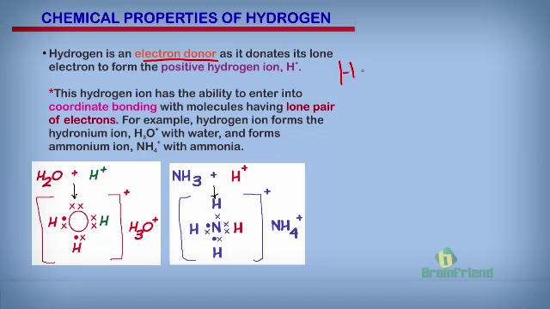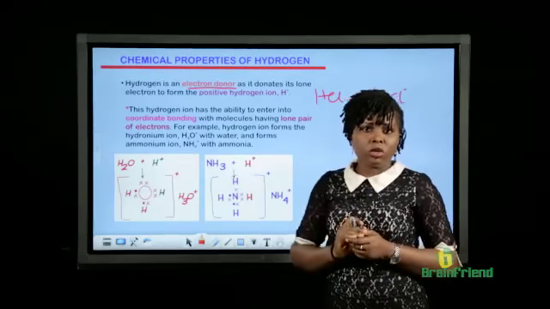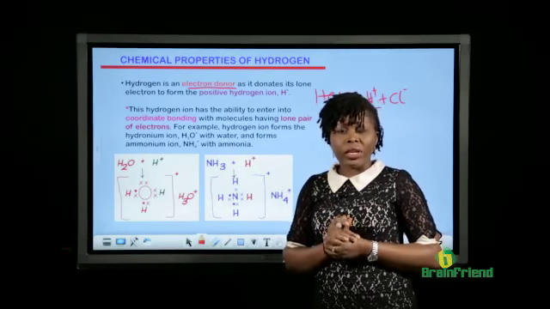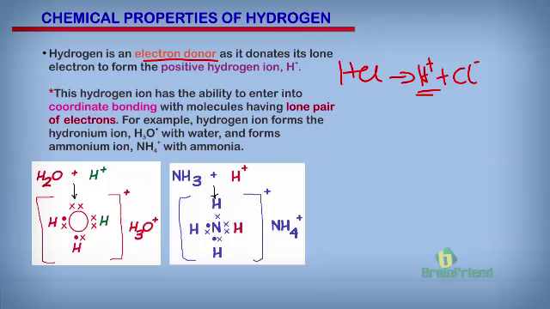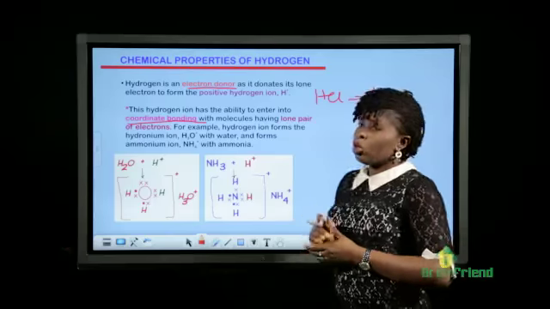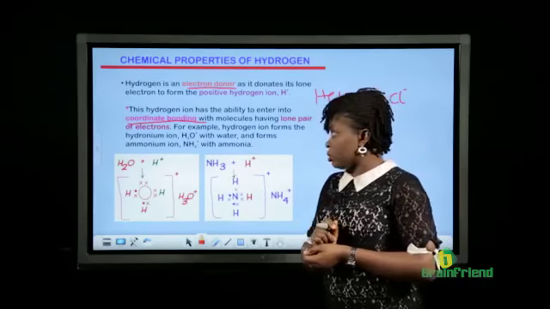We saw that also when we made reference to hydrogen chloride, where hydrogen donates its electron to form the hydrogen ion. Now, this hydrogen ion can go into chemical combination with compounds. So it has the ability to enter into what we call coordinate bonding with molecules having lone pair of electrons.